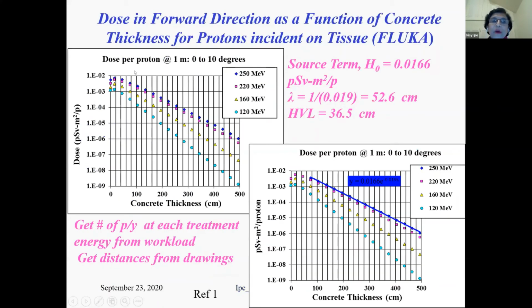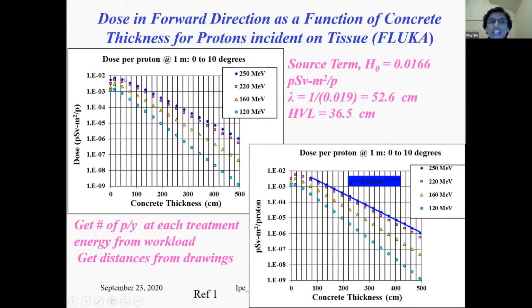So we then plot this data and note that the y-axis is logarithmic and the x-axis is linear. So a straight line on a semi-log plot indicates exponential attenuation. So we see that first there is a dose buildup up to maybe about 60 centimeters, and then we have an exponential decrease.